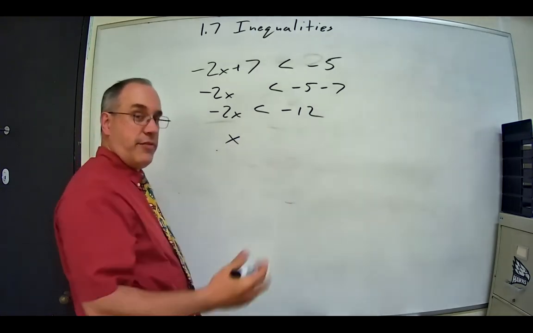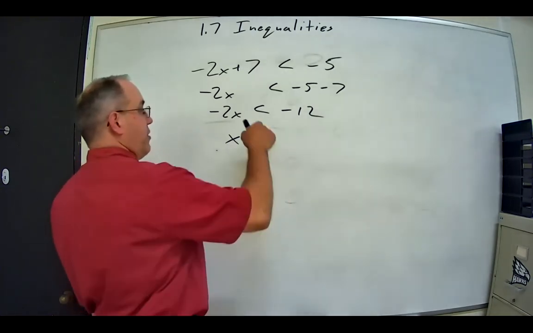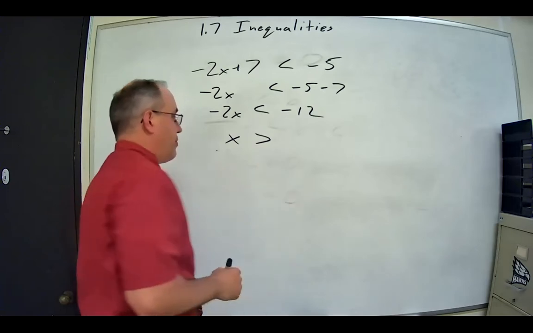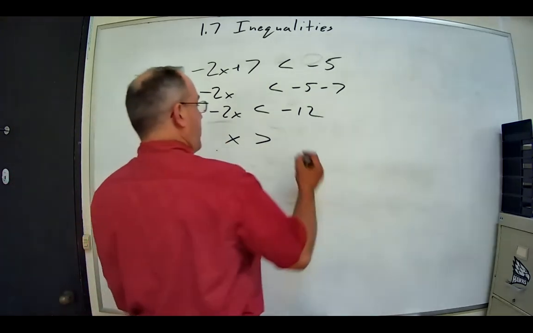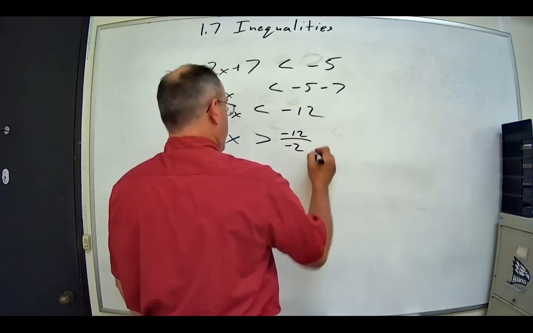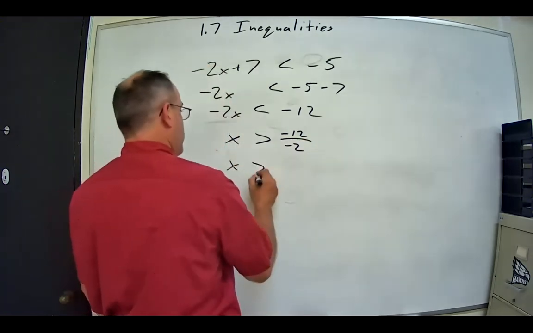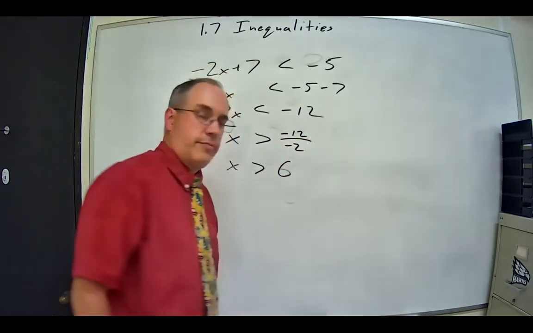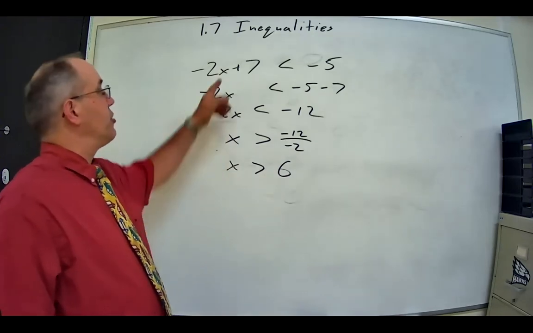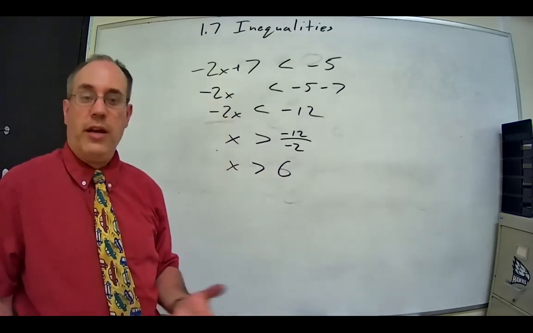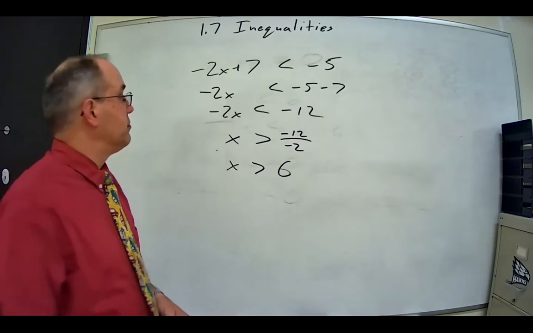Because we're dividing by a negative, essentially the same as multiplying by a negative, the operator is going to change to greater than, and you get negative 12 divided by negative 2, or x is greater than 6.